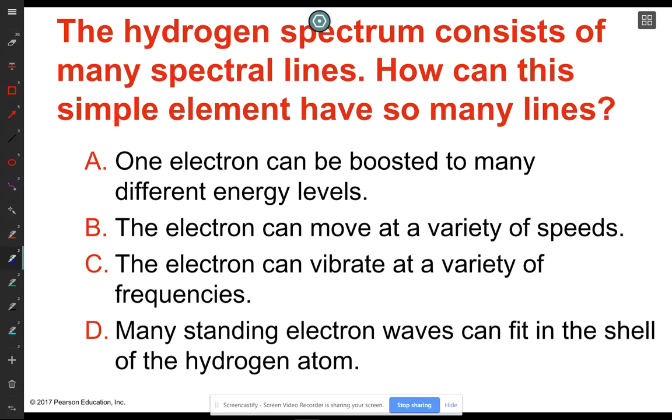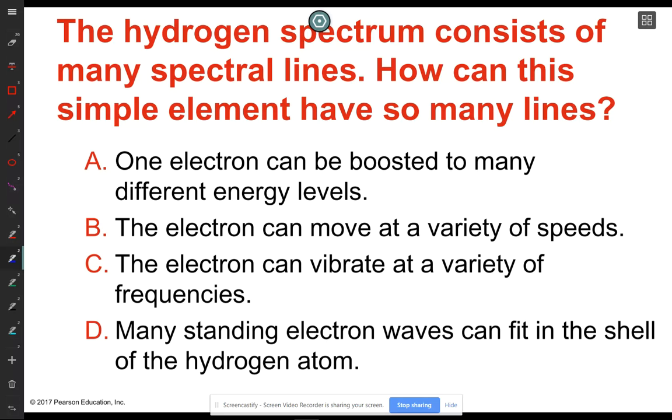In fact, if you raise the temperature to 10,000 kelvins, most of your electrons are in the second energy level instead of the lowest energy level, just because of collisions.